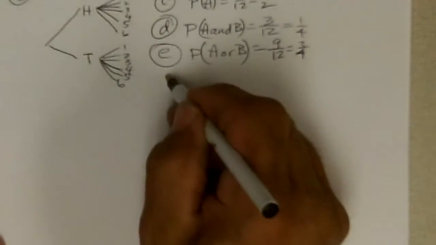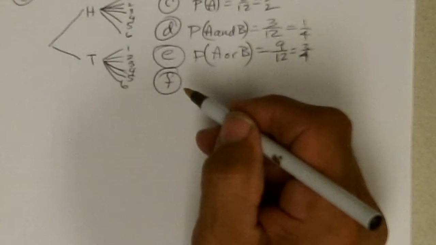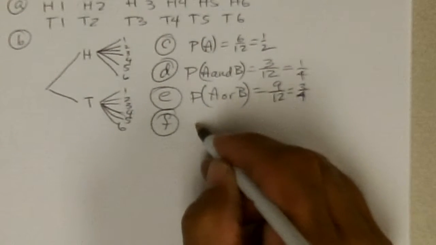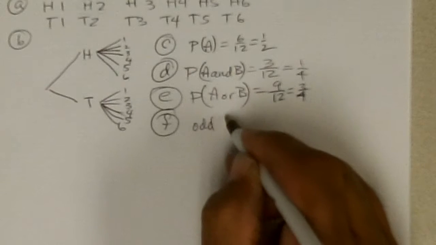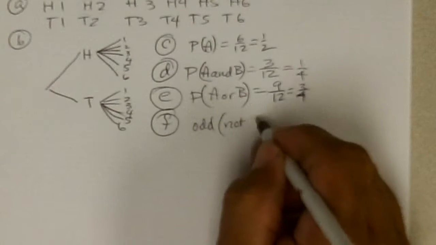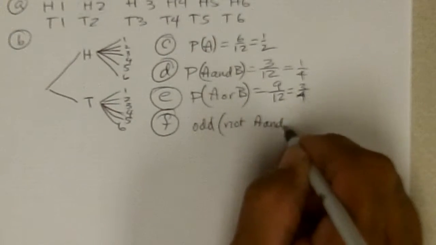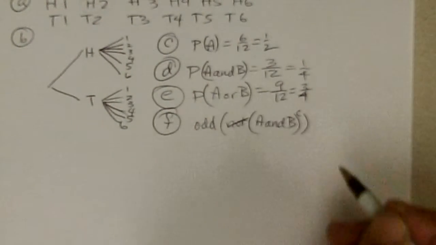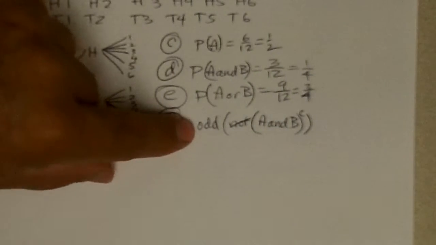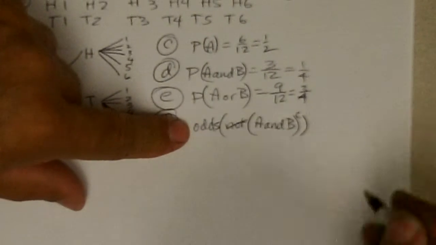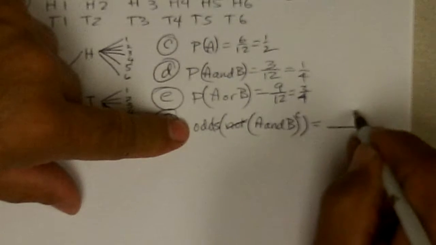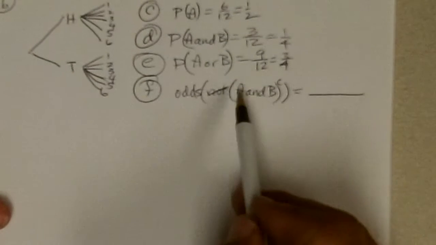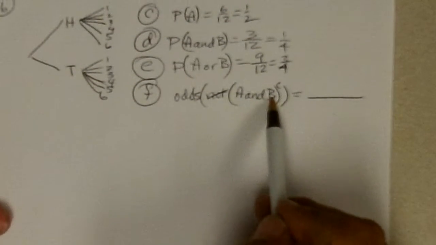And then F, determine the odds of not getting A and B. Not meaning the complement to A and B. And odds are what you want over what you don't want. So, how many ways are there to get A and B?